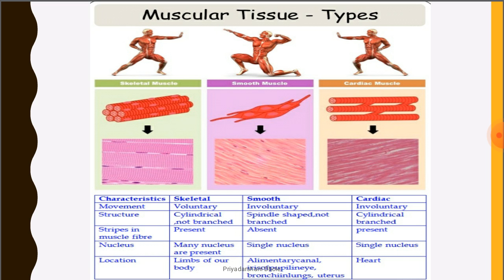Then what is the structure? The skeletal muscles are cylindrical and non-branched. Smooth muscle is spindle shaped, not branched, and cardiac muscle is cylindrical and branched. Now, muscle shows light and dark bands, called strips or bands. These bands are present in skeletal muscle, absent in smooth muscles, and again present in cardiac muscles.